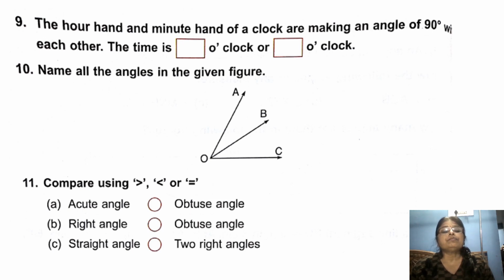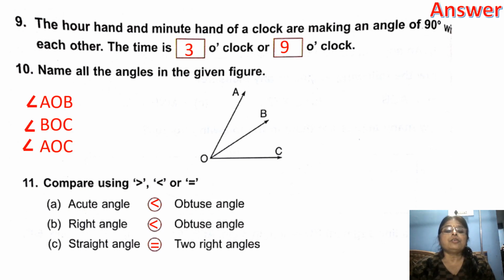Next question. The hour hand and minute hand of a clock are making an angle of 90 degree to each other. The time is dash and dash. Next, you have to write the name of all the angles, and in the next question, you have to compare the following angles. Answers are given in the next slide. Question number 9.